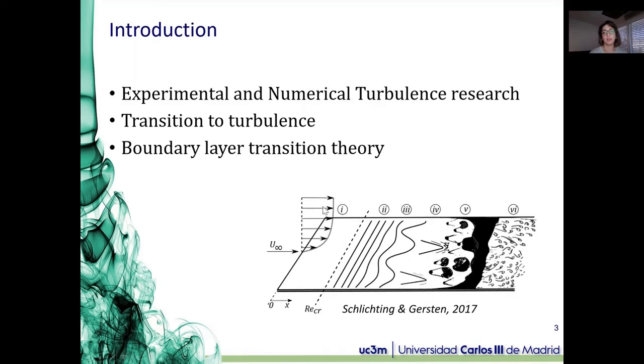These stages can be summarized as stable laminar flow, unstable laminar 2D waves, development of unstable laminar 3D waves and vortex formation, bursts of turbulence in places of very high local vorticity, formation of turbulent spots in places where the turbulent velocity fluctuations are large, and coalescence of turbulent spots into a fully developed turbulent boundary layer.